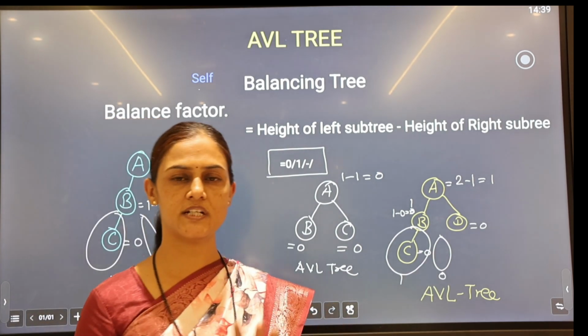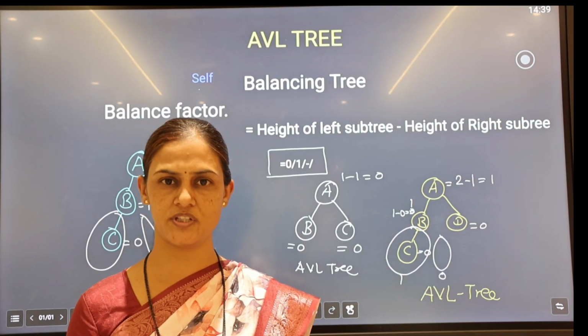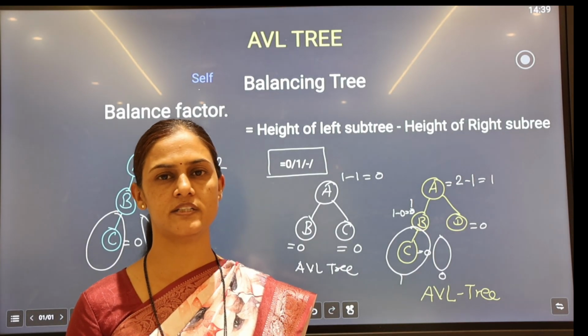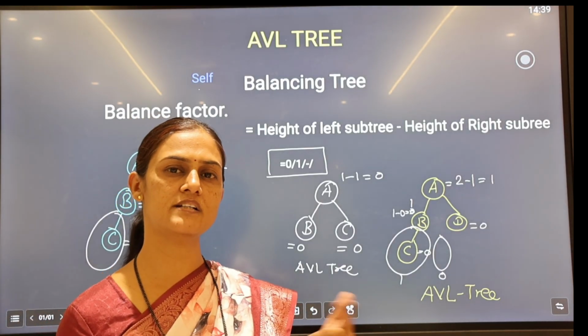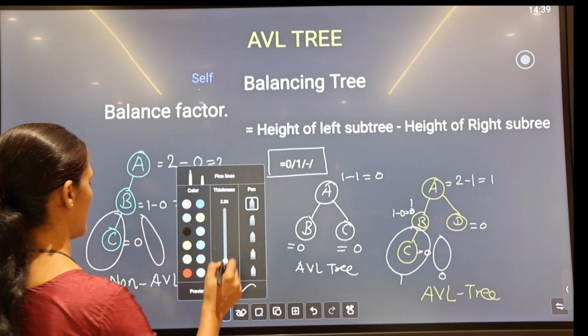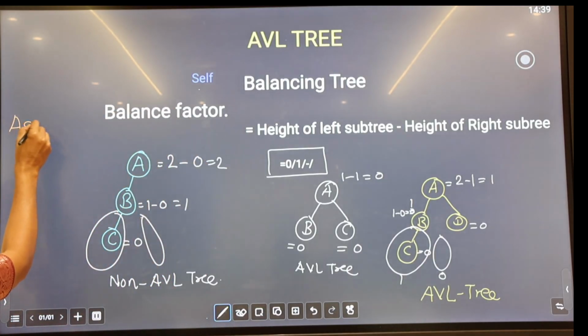I will give you one assignment. You just find out the balance factor of each node and whether the given tree is AVL tree or it is a non-AVL tree, and also mention the reason why that tree is AVL and why that tree is non-AVL. So this is your assignment.